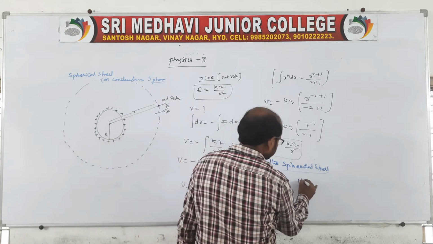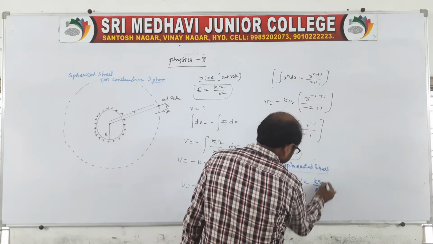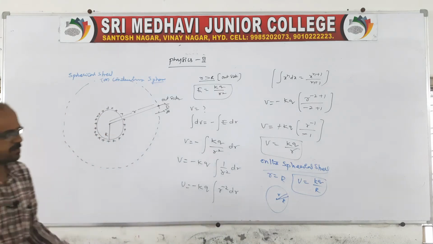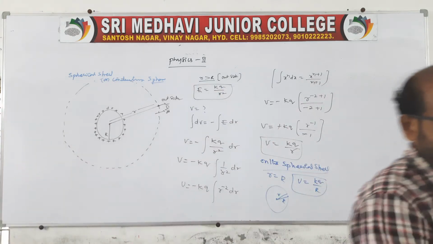Simply you replace, and V is equal to kq by capital R. Clear? It is on the spherical shell or conducting sphere.